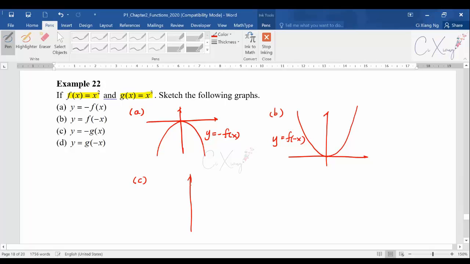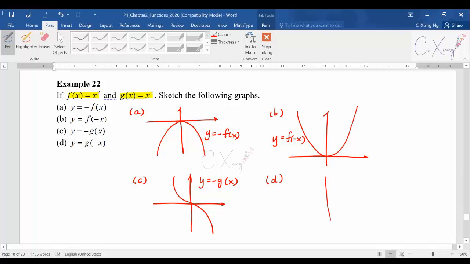For part C, we will have this. We have y equals negative g(x). You reflect it up and down, compared with the original function, so it will become a graph like this.